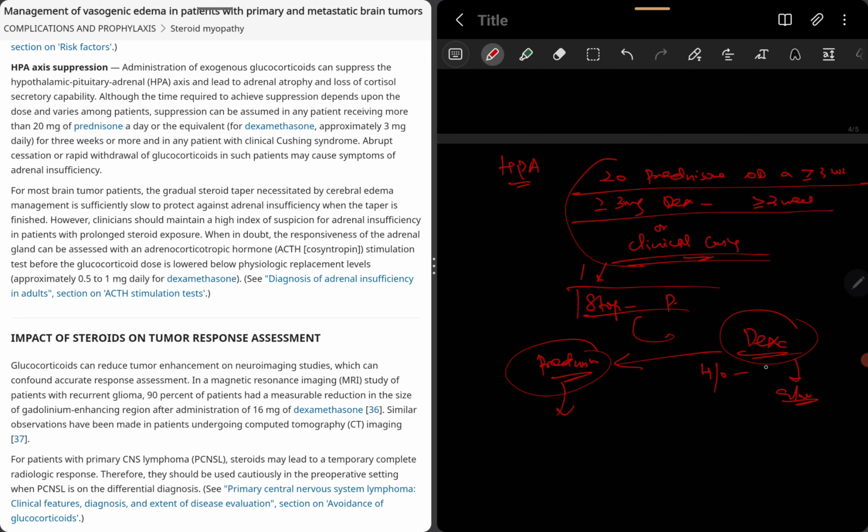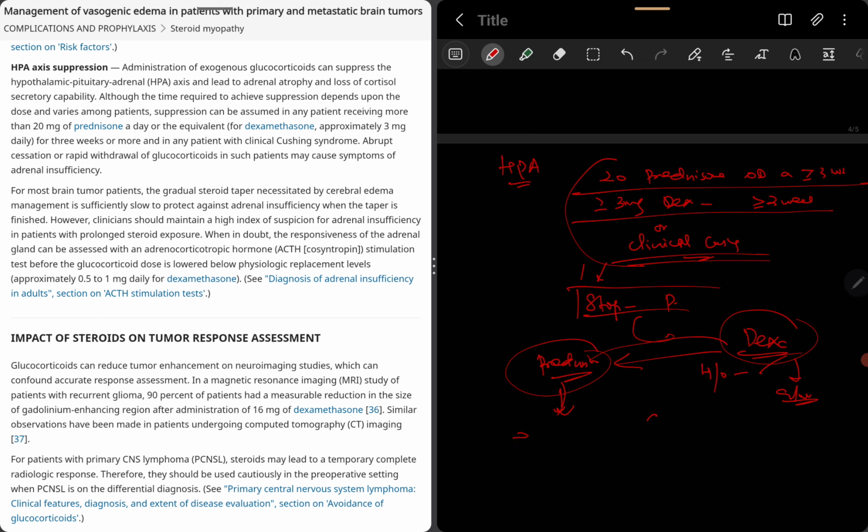So when you require only a small amount, why continue with DEXA? Prednisone has this advantage over DEXA because it can be tapered to smaller doses, and if a patient has proximal myopathy, then you have to switch over to prednisone.